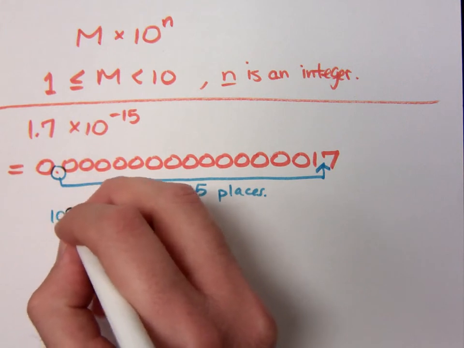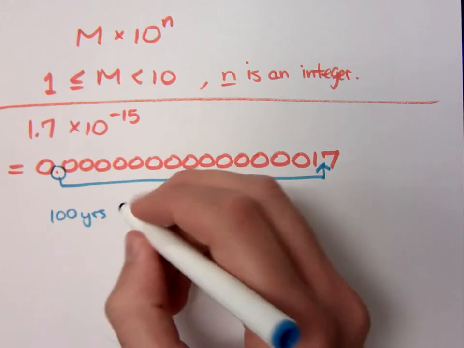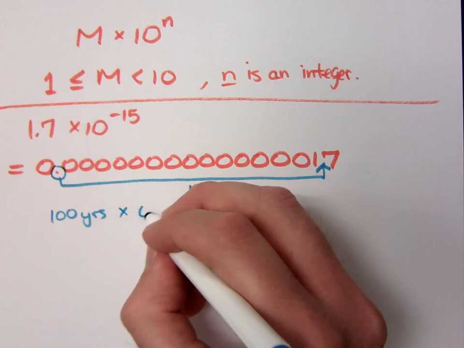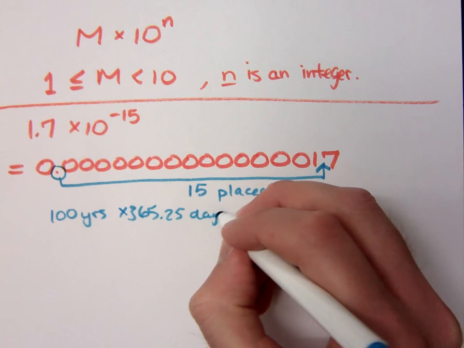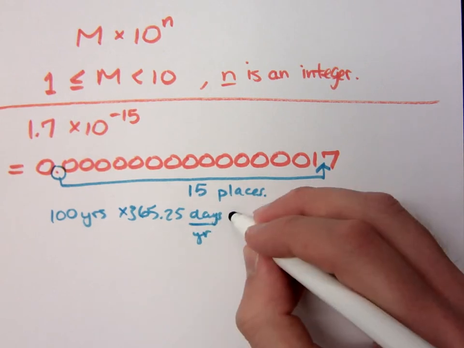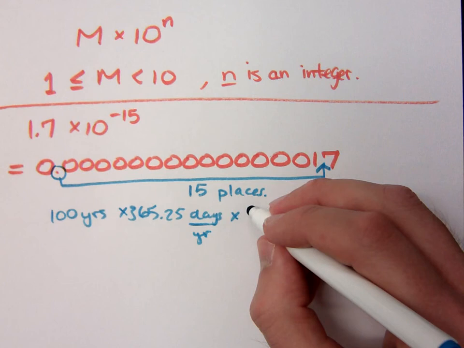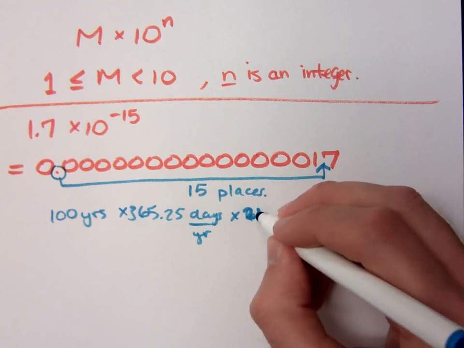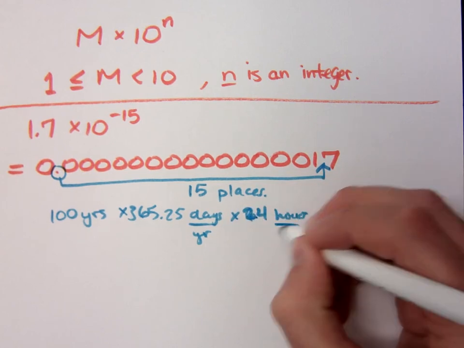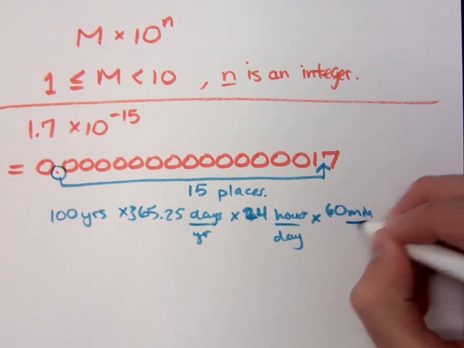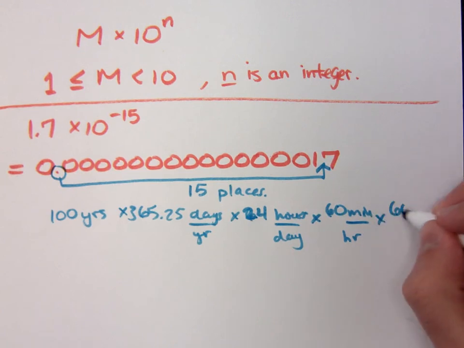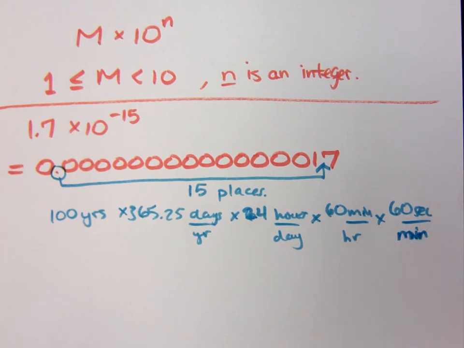If I did this for 100 years, so that means 100 years times 365.25 days per year times 24 hours in a day times 60 minutes in an hour times 60 seconds in a minute.